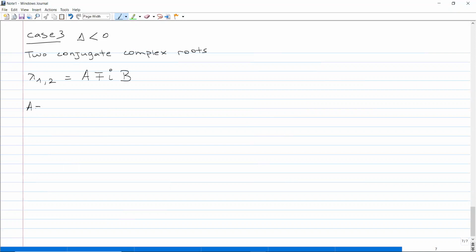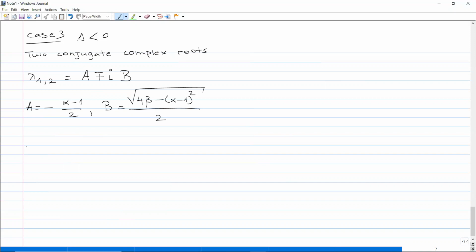The real part is minus alpha minus 1 over 2, and the imaginary part is the square root of 4 beta minus alpha minus 1 squared, divided by 2.